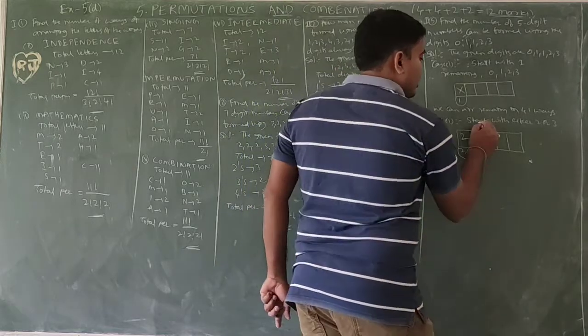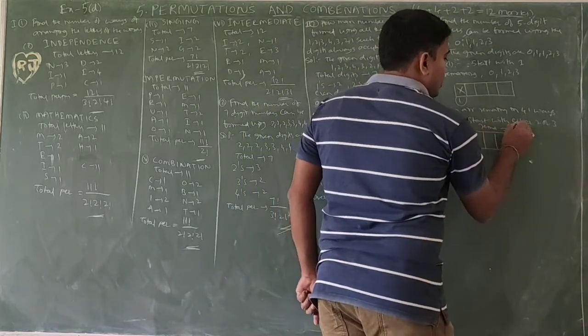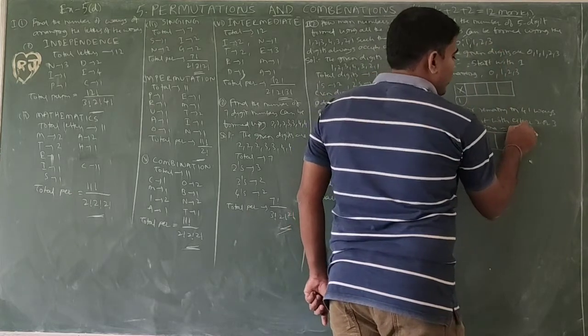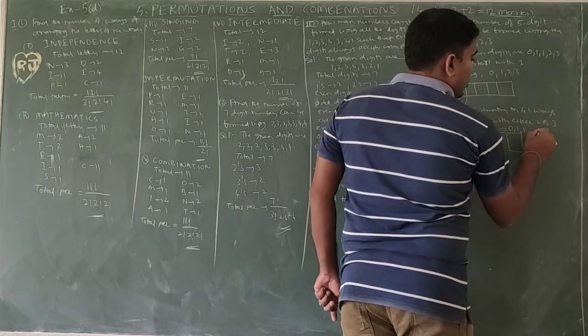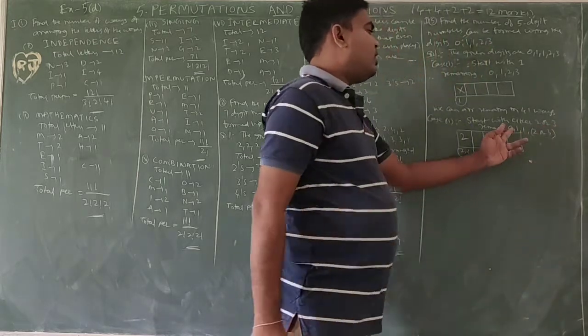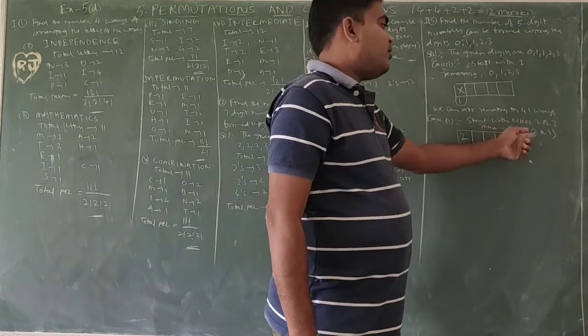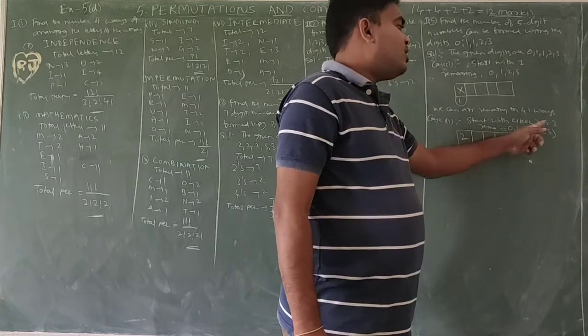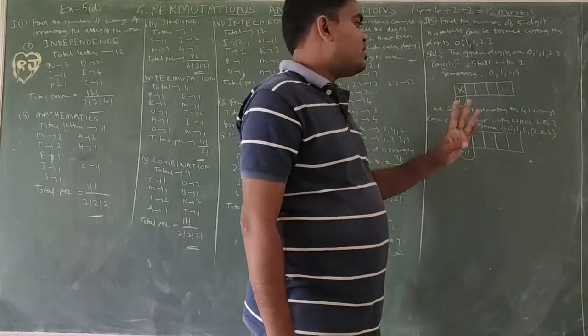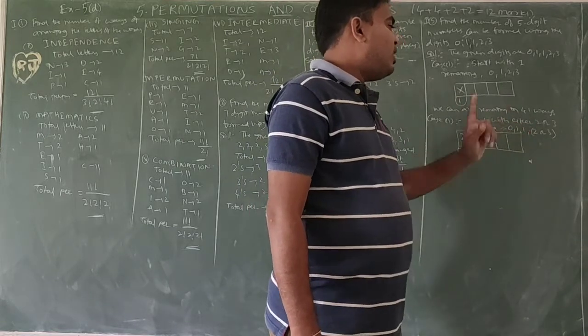Remaining digits are 0, 1, 1, and 2 or 3. So 3 digits are 0, 1, 1 confirm. If it is 2, remaining 3. If it is 3, remaining 2. So 2 or 3, 4 digits. Whether anything is repeated, 1 is repeated.